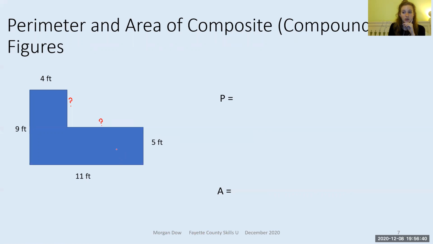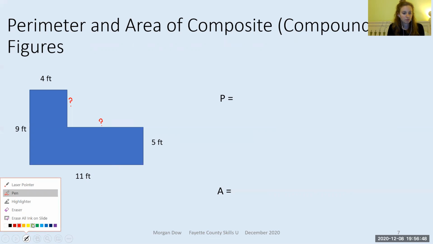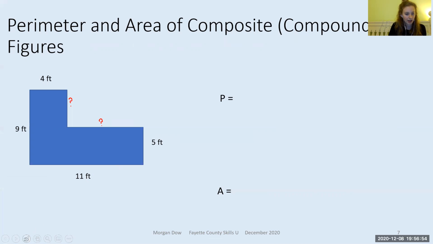So I'm going to need to figure out those missing measurements first before I can add up all of the sides. When you are trying to figure out missing side lengths like this, you want to look to the sides that are parallel, the sides that are pointing in the same direction.